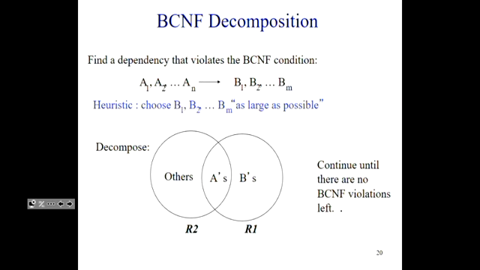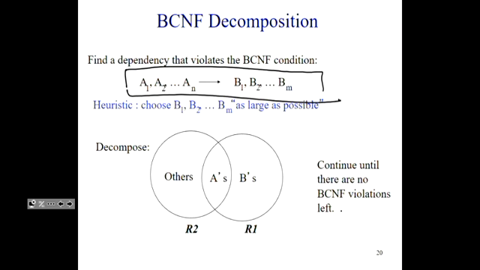You need to start with a larger relation, decompose, decompose, decompose until you get to a schema that satisfies Boyce-Codd normal form. Okay? And the criteria for decomposition is you first find a dependency that violates the BCNF condition.